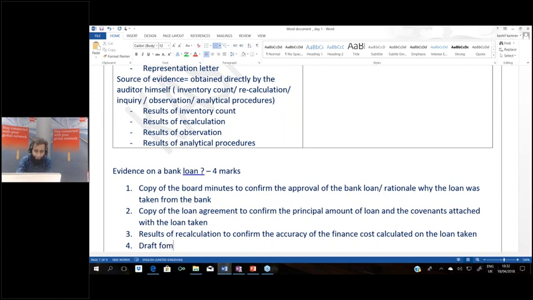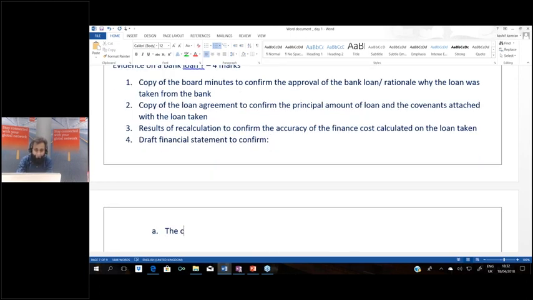Draft financial statements to confirm, number one, the classification of the loan between current and non-current, and second, to confirm disclosure made are adequate.